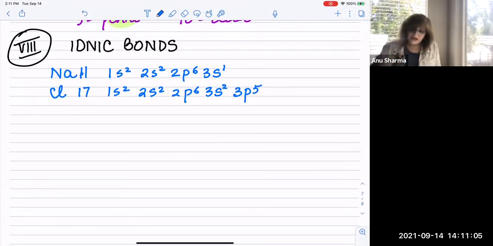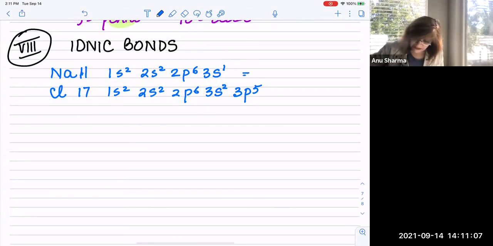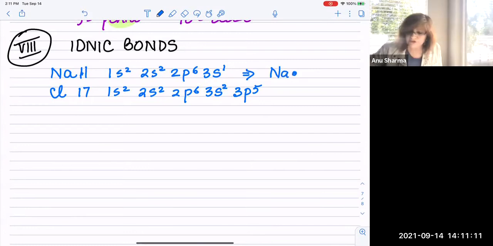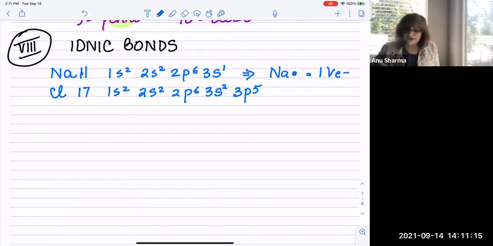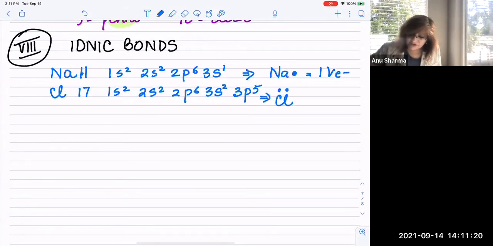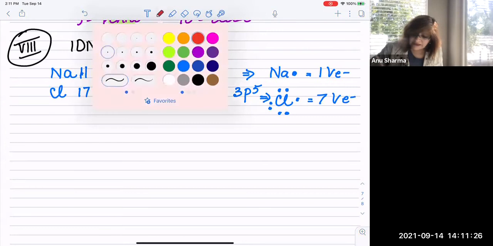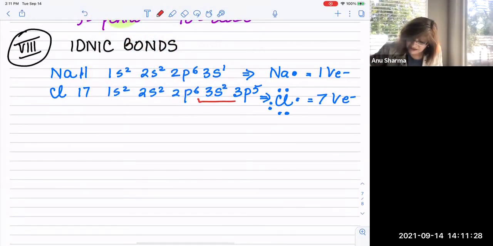All right, so this means sodium has 1 valence electron. That's the Lewis structure. And chlorine has 7 valence electrons. And which ones are those? This is the valence shell.